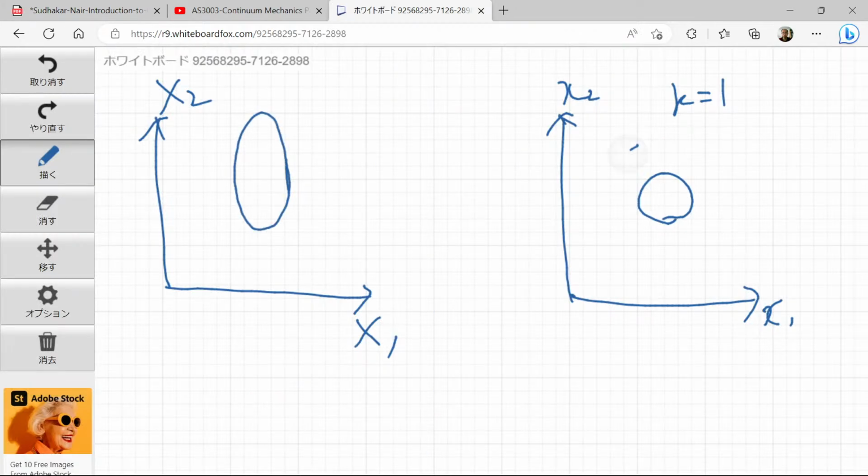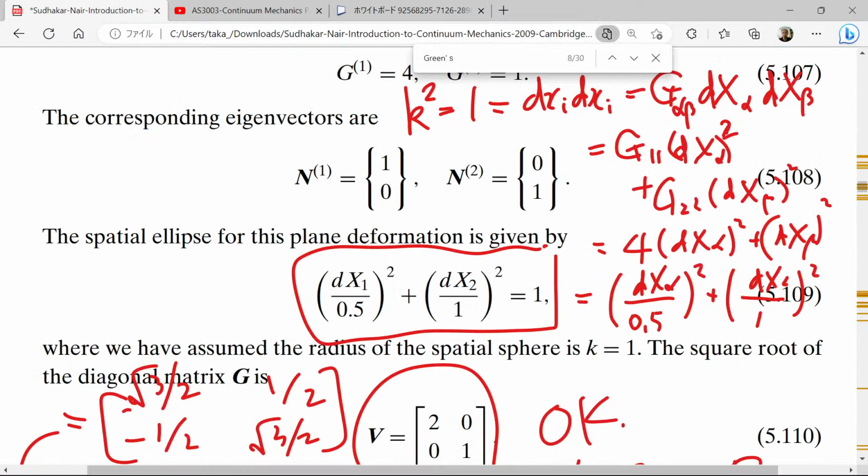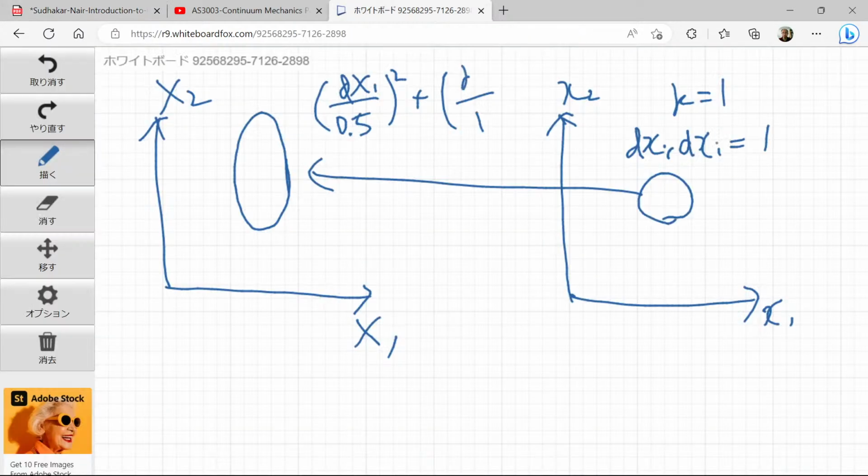So here you have dxi dxi equal 1. So this is mapped to this, 0.5 dx1 square plus what was that? 1 over dx2 square.